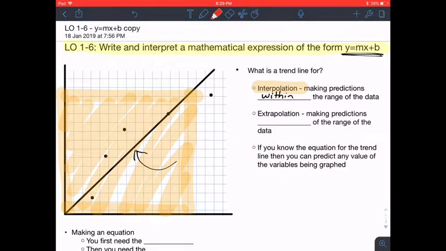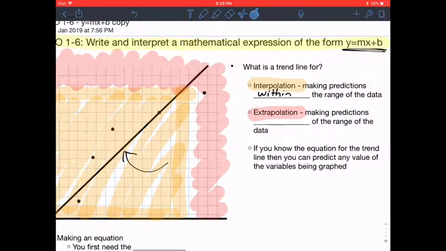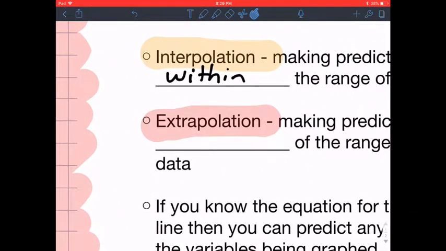Whereas if I was making predictions about y values that were higher than that, or x values that were higher than that, then I'd be doing a different process we call extrapolation. Basically, extrapolation is kind of like predicting the future in some sense, or doing things that we have not yet done.